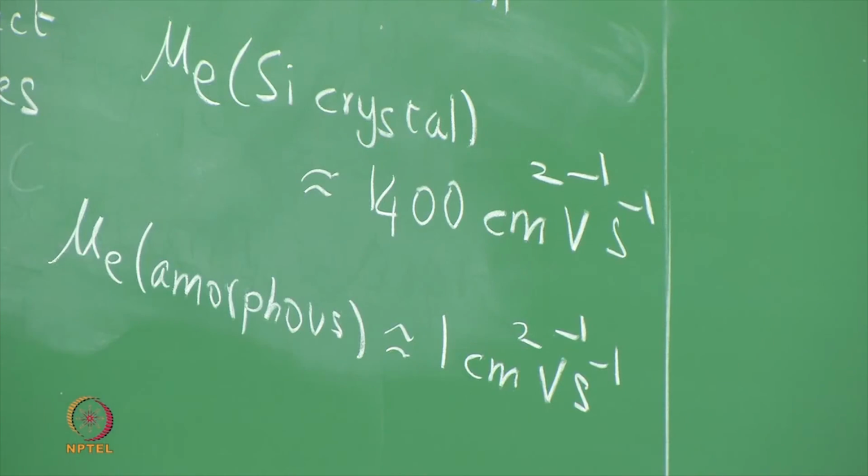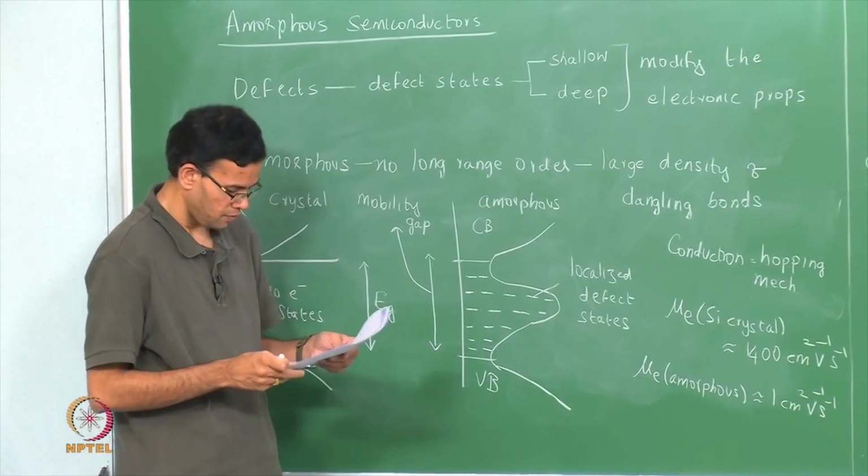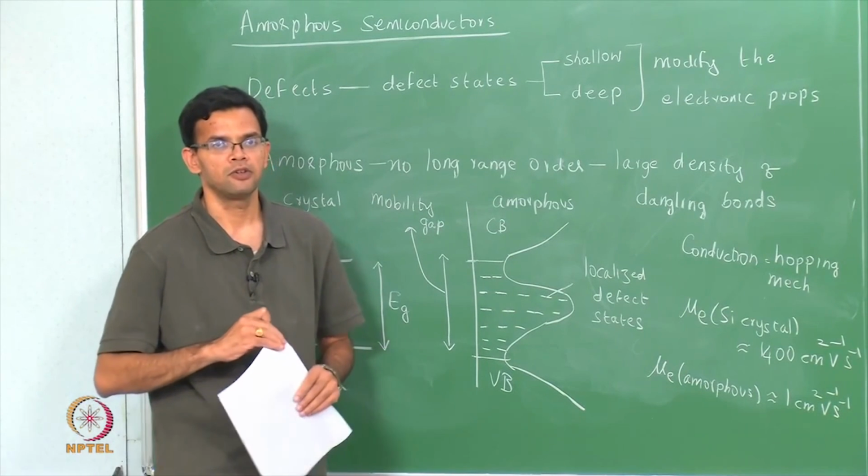So, you can have a nearly 3 orders of difference in magnitude in the mobility in the case of amorphous and crystalline materials. So, with this we are done with the electronic materials part of the course.